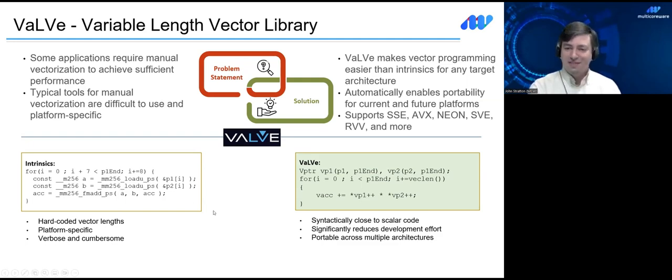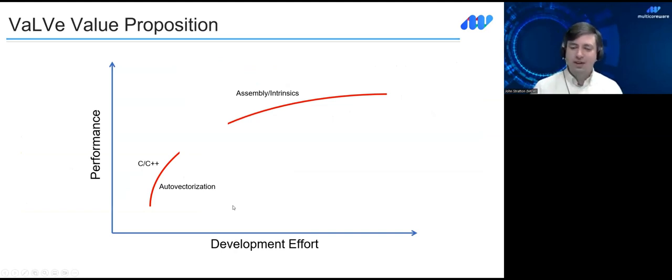So this is one way of describing it with words and examples, but if we relate it back to what we have been talking about earlier, basically our value proposition, if you put it on this productivity curve framework, is that if you're just doing C and C++ in the auto vectorization regime, there's some amount of performance that you will peak out at with only relying on the compiler to do auto vectorization for you.